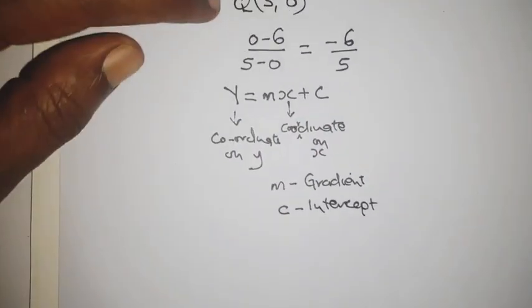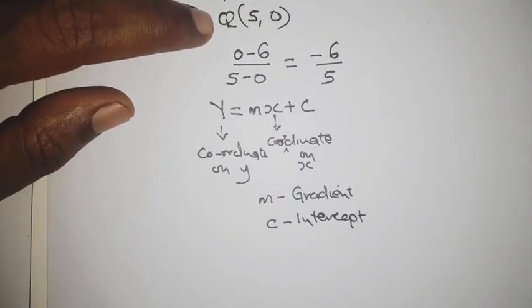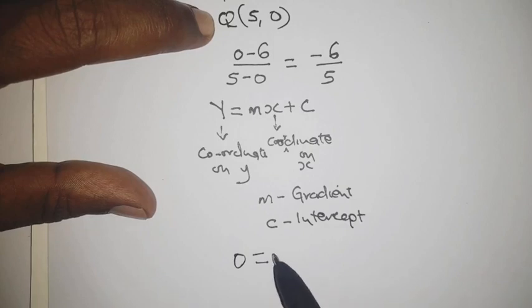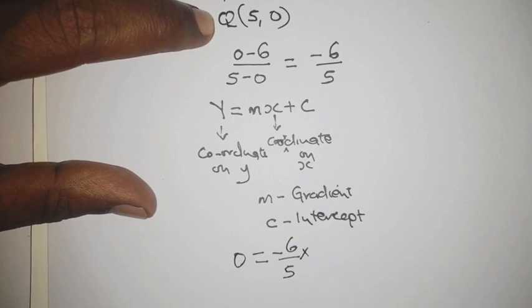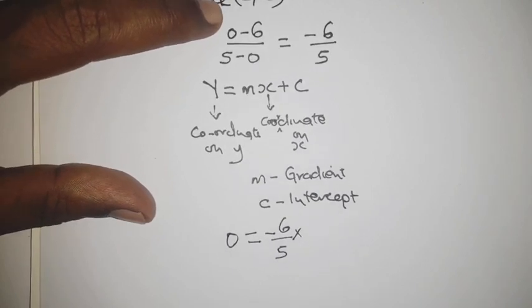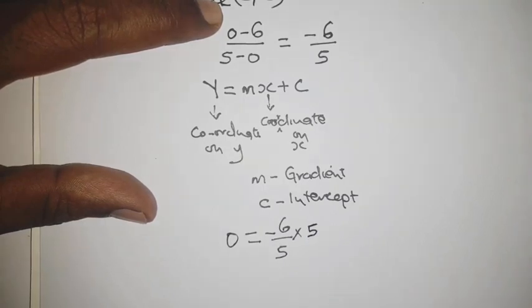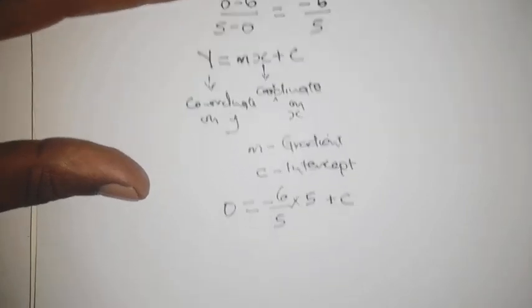So let's use Q. Our y here is 0, equals our m, which we have calculated as -6/5, multiplied by our value for x, which is 5, plus c, which is to be calculated.